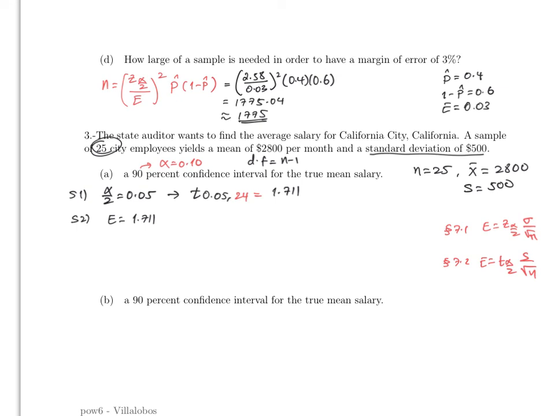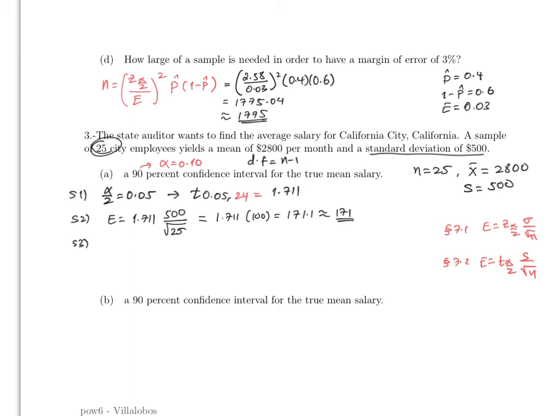So this will be 1.711 times S, which in this case is 500, divided by the square root of n, which in this case is 25. So 500 divided by 5 is 100, and multiplying by 100 is pretty easy. So this is 171.1. So it's 171, since in this case it makes more sense to have whole numbers.